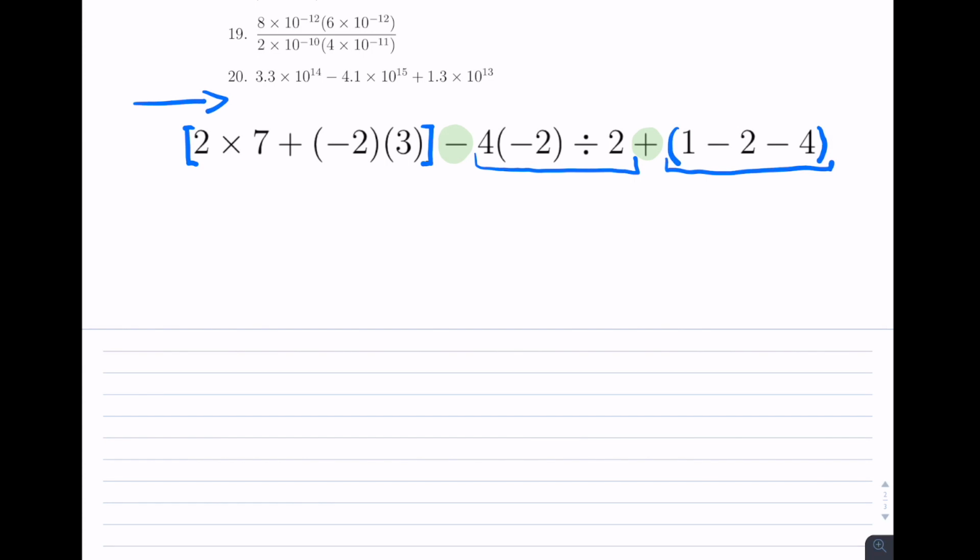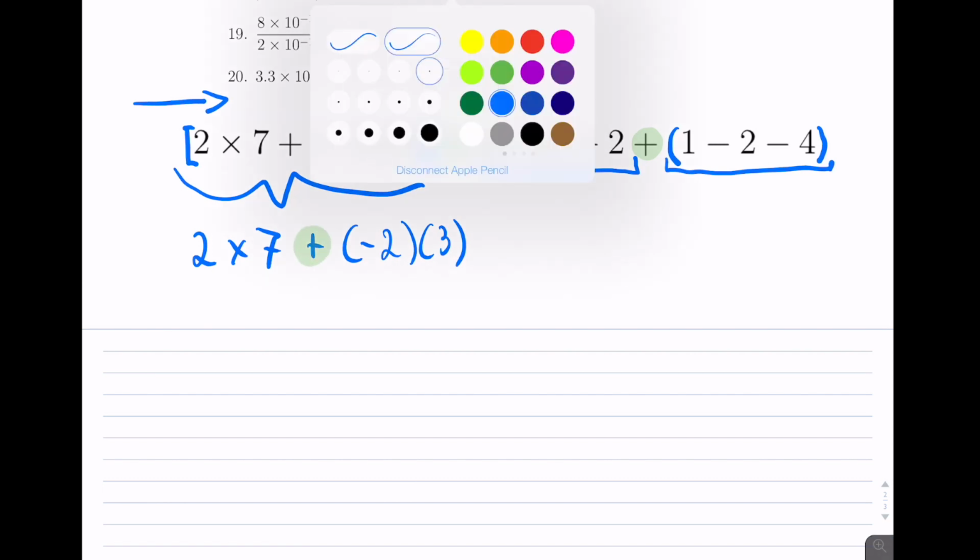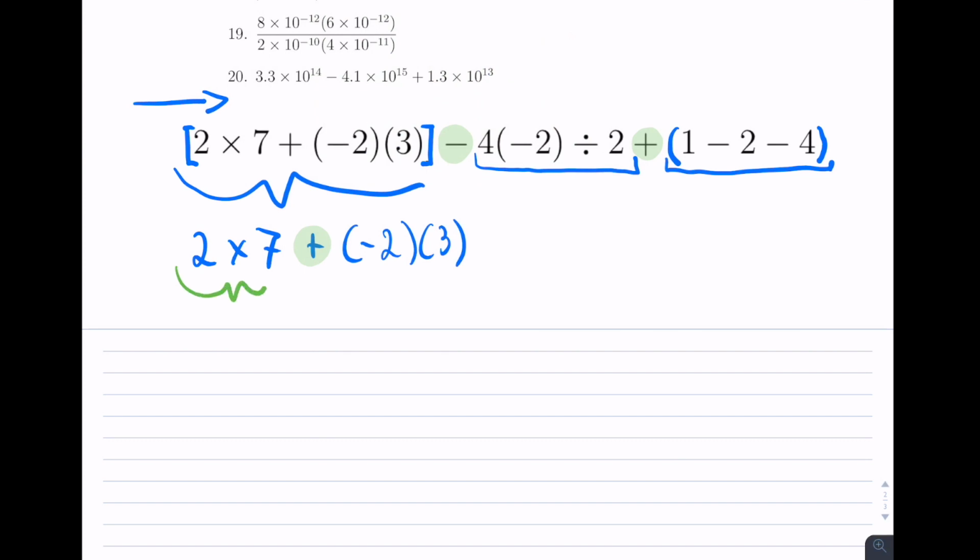So let's start with the first one, this. Let's write what we have given to us. And now again, notice you have an addition, so this will be done first. So this is 14. You're not going to add anything.